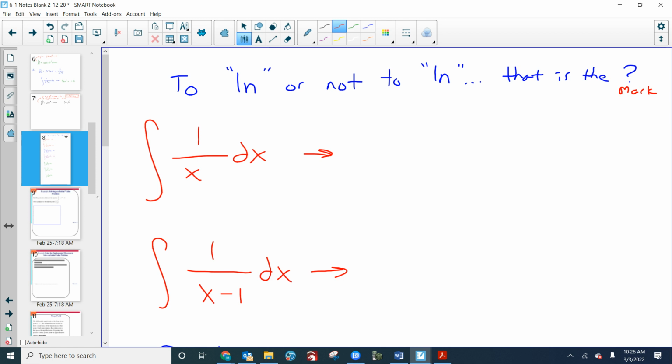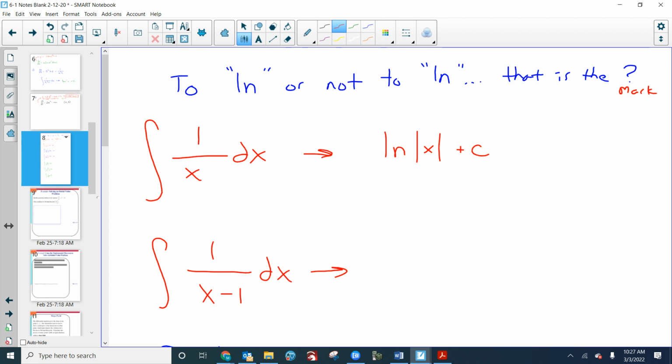All right. 1 over x's antiderivative is ln absolute value x plus C. We talked about why the absolute value. Do you remember? When we're going backwards, the domain of the original had to match the domain of the derivative.